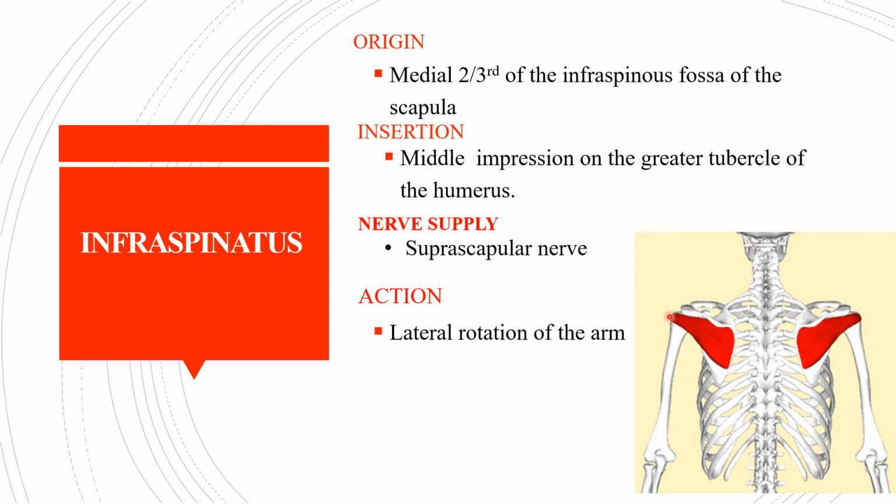I told you there are three impressions on the greater tubercle: upper, middle, and lower. The upper impression is for the supraspinatus, and the middle impression is where the infraspinatus inserts. Nerve supply is the suprascapular nerve. The action of the infraspinatus muscle is lateral rotation of the arm.